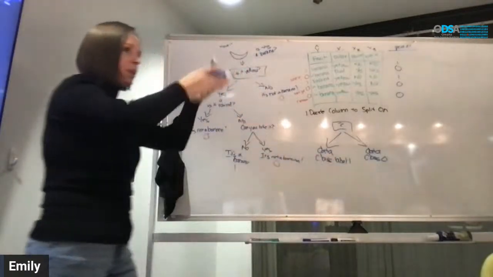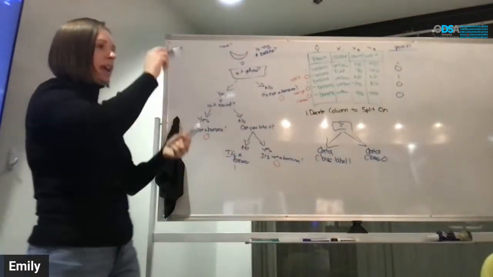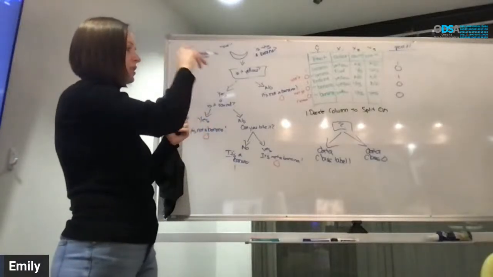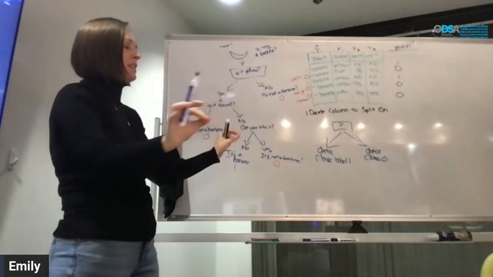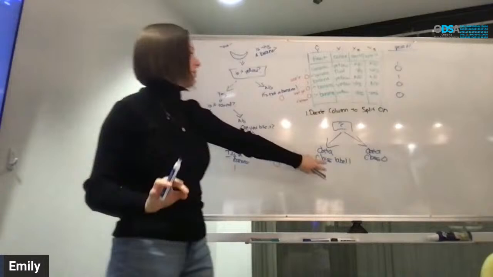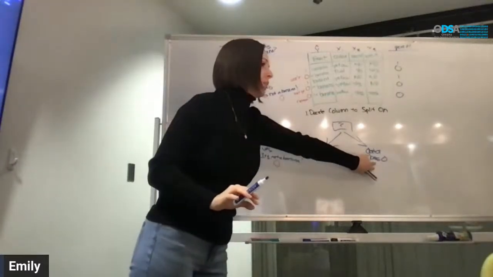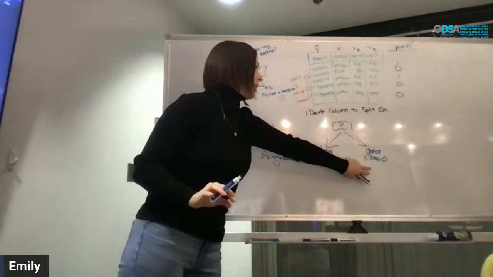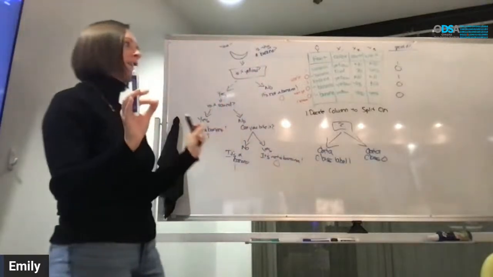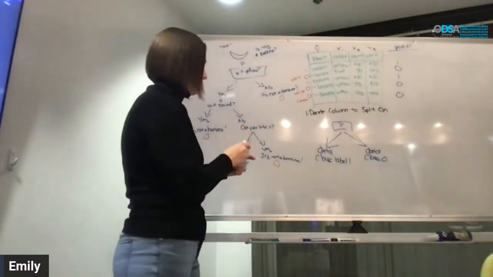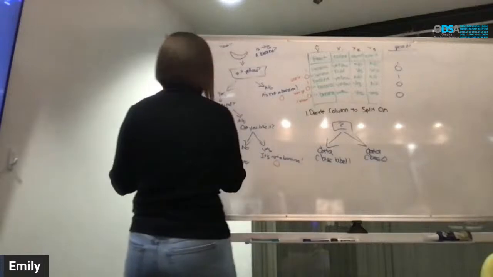So that's what a perfect split is. When I ask that question and you tell me yes or no, when I separate my data based off of that, all of my data that goes here is of one specific class, and all the ones over here are of another class. There is no mixing of the classes. And you'll see what that means in our example as we work through this.